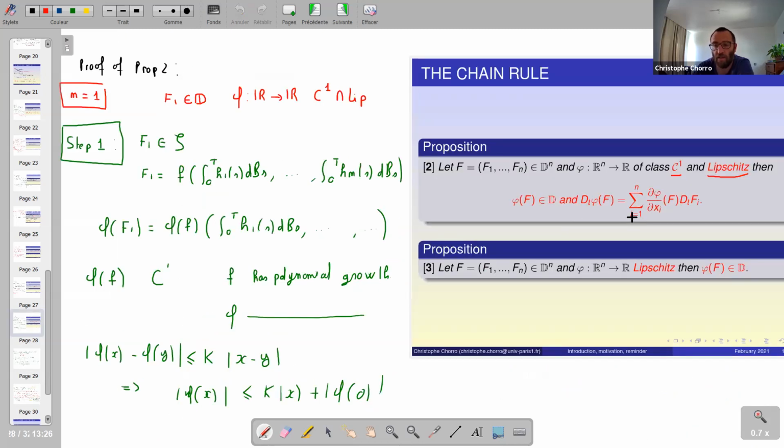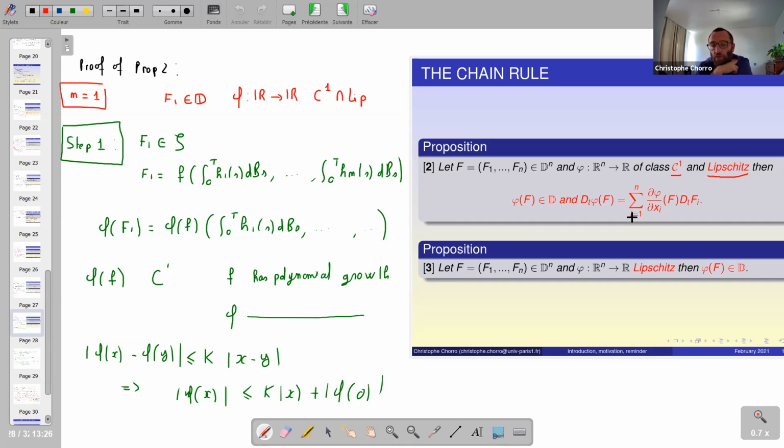Okay? So for n equal to 1, I have done the proof of proposition 2, doing it in 2 steps. First, for elements that are in the set of elementary random variables, where in fact I just have to use the classical chain rule and definition 2.